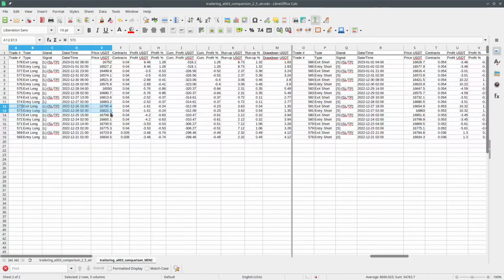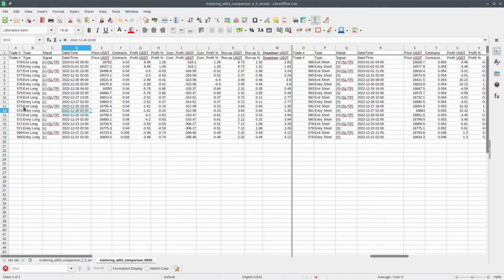I want to remove this one here, because here is an exit short, and we never enter at 26.2.